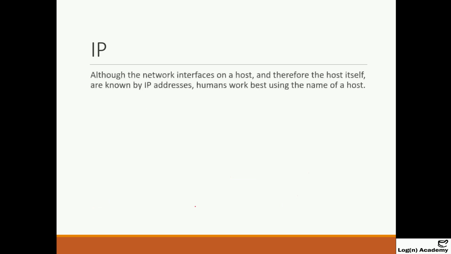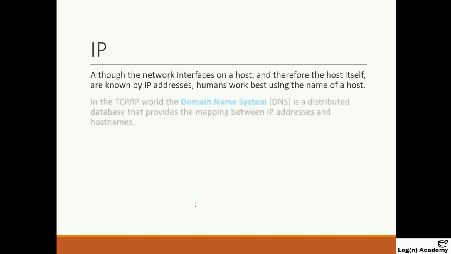Although the network interfaces on a host, and therefore the host itself, are known by IP addresses, humans work best using the name of the host. The four-segment numerical number is the actual IP address, but it's hard for humans to remember those numbers. So for that purpose we have host names.